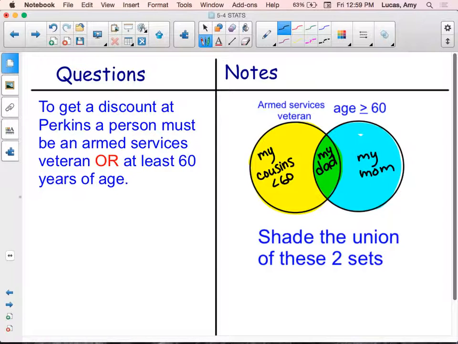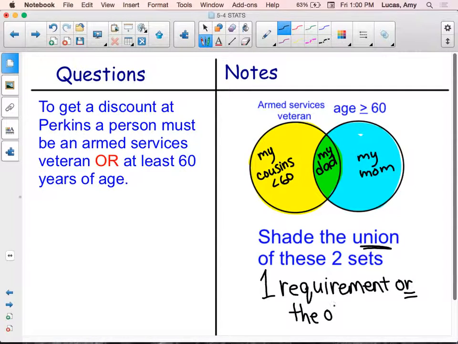So the thing is with the word or, the union means that all of these people are getting the discount at Perkins. All of them. So you only have to meet one requirement or the other, or maybe you do meet both requirements and you can still get the discount at Perkins.